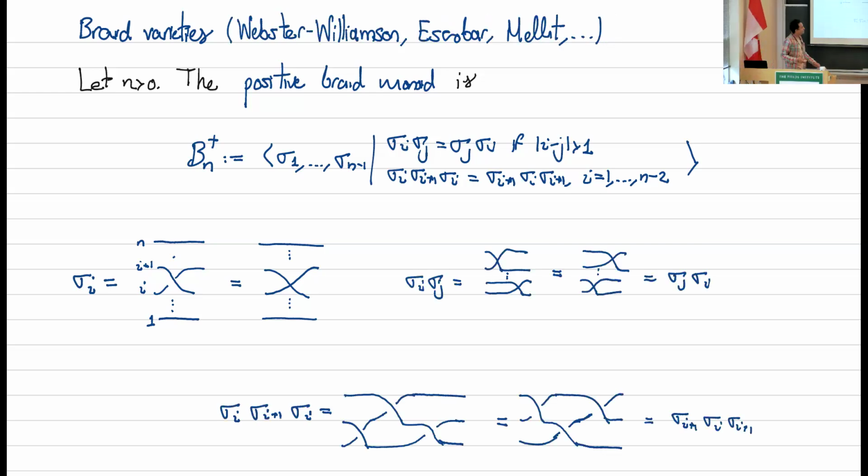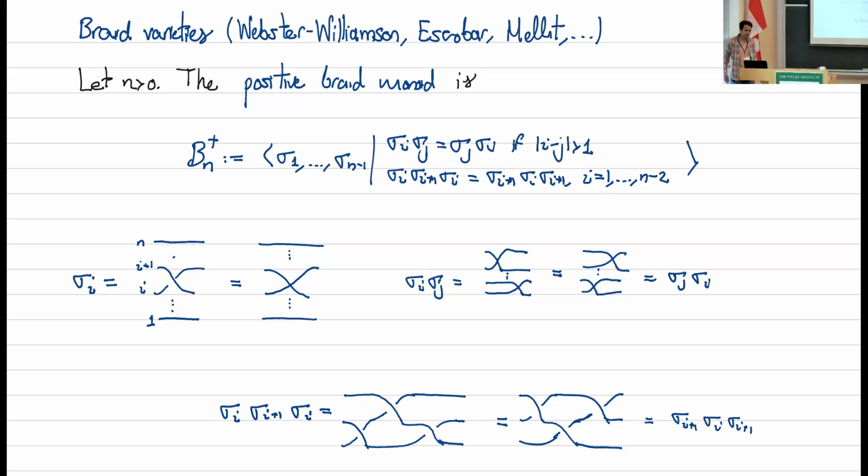So the relation that sigma_i sigma_j is sigma_j sigma_i, you can just draw it like this. Apply first sigma_j, then sigma_i. This is the same thing as first applying sigma_i, then sigma_j. And the other relation is just this relation between braids. Here I did put the overcrossings because it's easier to see if you draw it like this. So you have, for example, this strand going from the bottom to the top, passing below all the other strands, and so on.